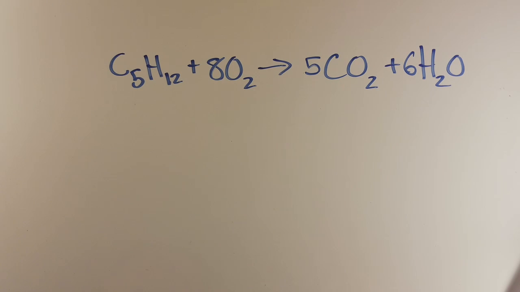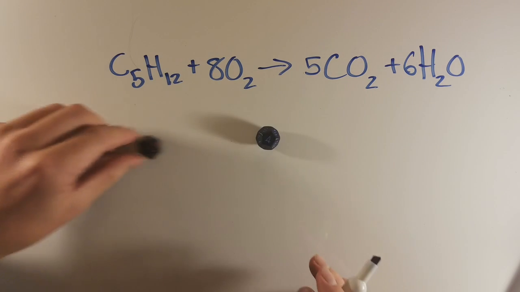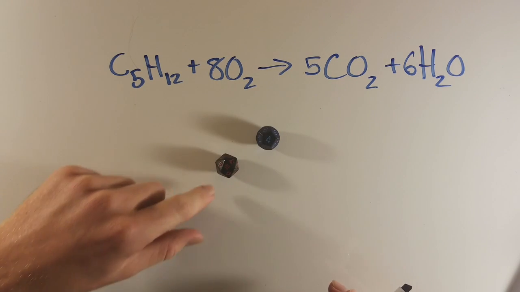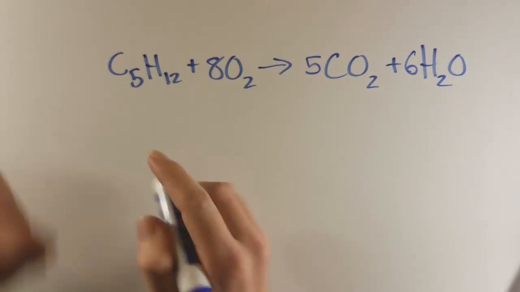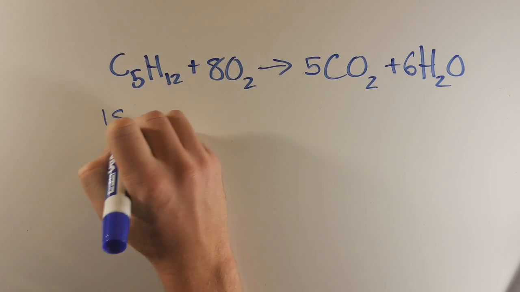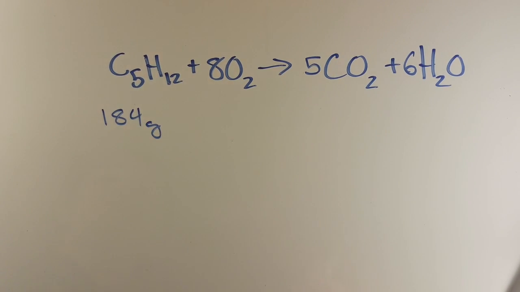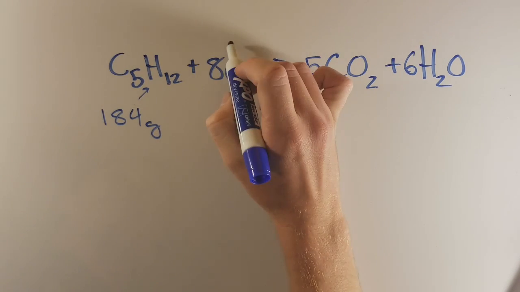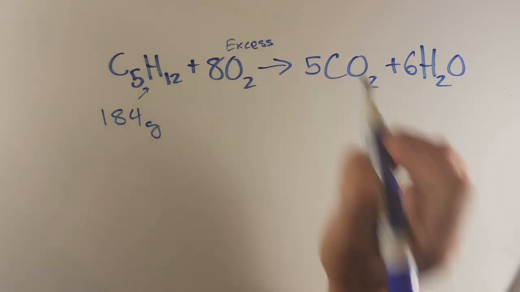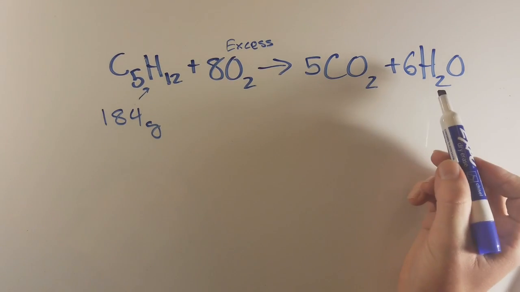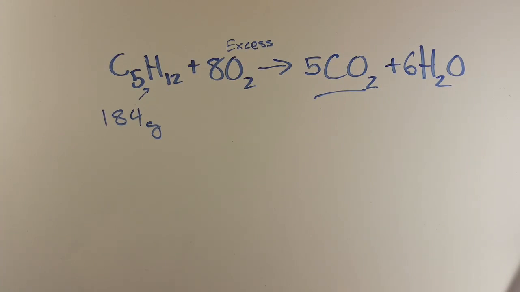All right, so now we need to figure out how much we've got. 184. Okay, so we're going to start out with 184 grams of pentane, this guy, and we're going to have an excess amount of oxygen, and we want to know how much carbon dioxide we're going to produce.